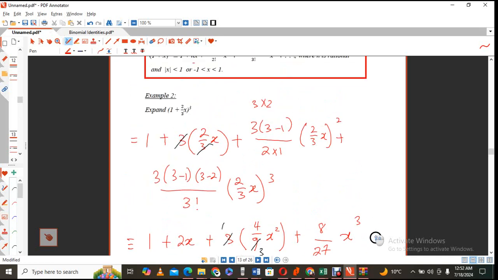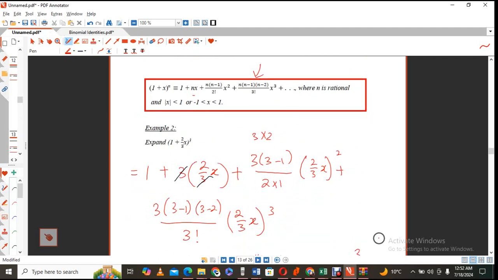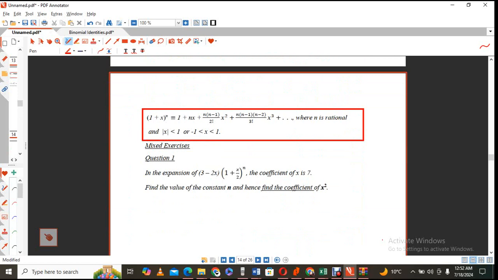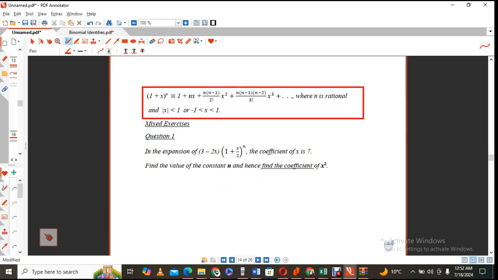Just as a teaser, using that binomial series formula. Okay, let's bring in questions where we are now creating simultaneous equations and using that more to our advantage. So one of the things that I was referring to, I was saying that we are not going to have to do this n choose 3.